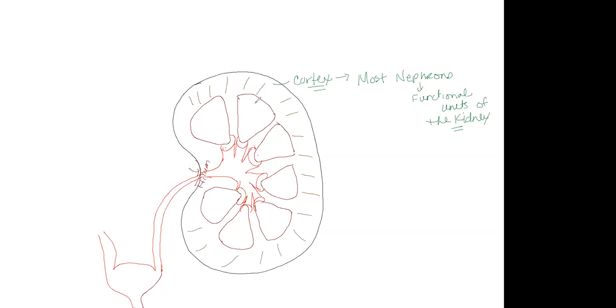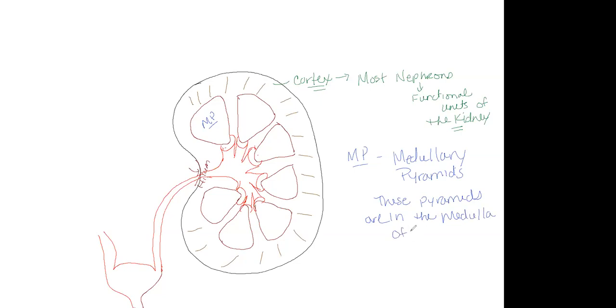Now, the pyramids that we drew in are the next part here. The pyramids are called the medullary pyramids. So we want to make a note, these pyramids are in the medulla of the kidney.